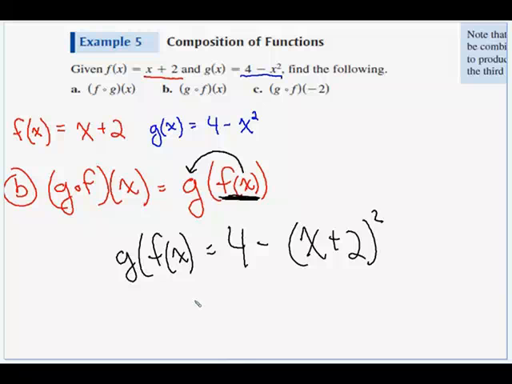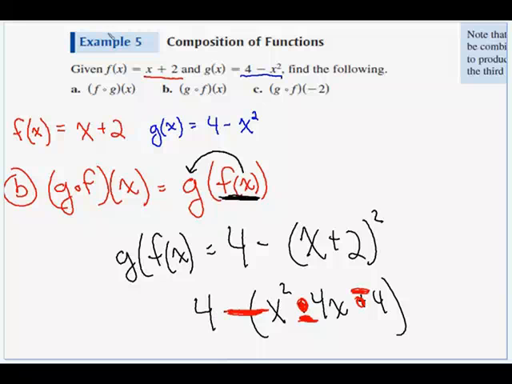And let's FOIL that out. We're going to have 4 minus, and then when we FOIL out this function, x squared plus 4x plus 4. And then we can distribute the negative. If I distribute the negative, x squared becomes negative, this 4x becomes minus, and this plus 4 becomes a minus 4.